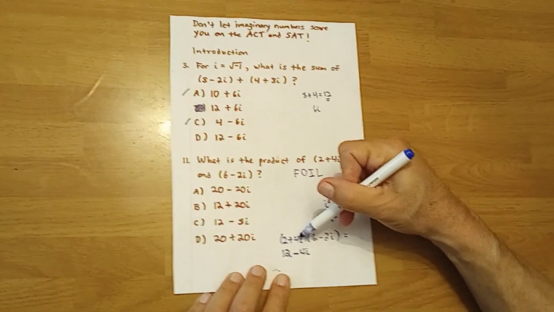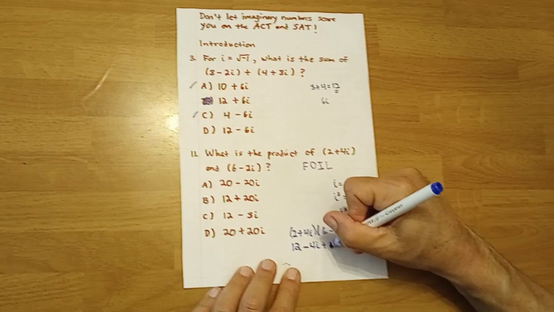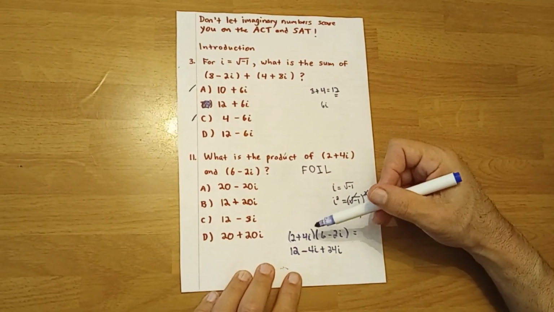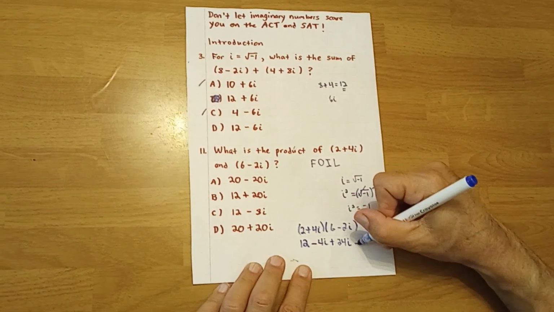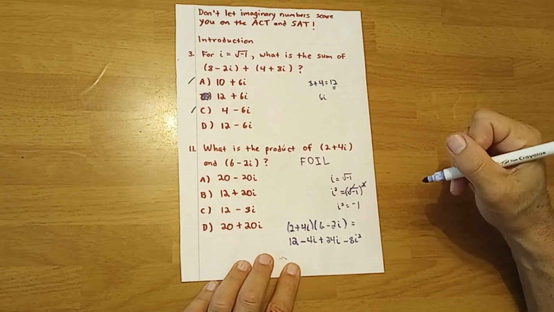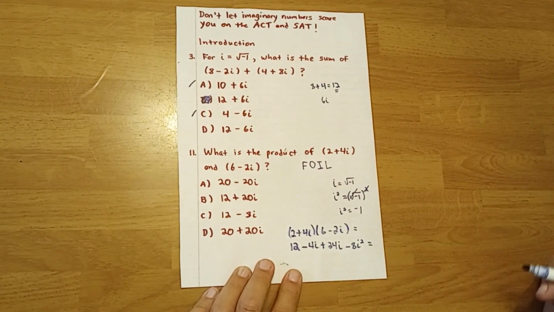Inside terms, 4i times 6 is 24i. And then the last terms, 4i times -2i, is -8i squared.